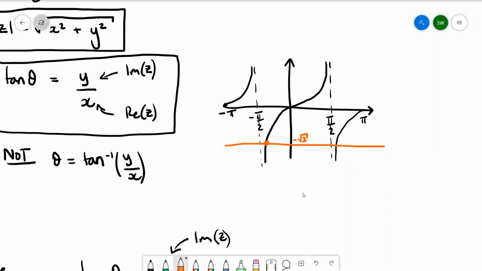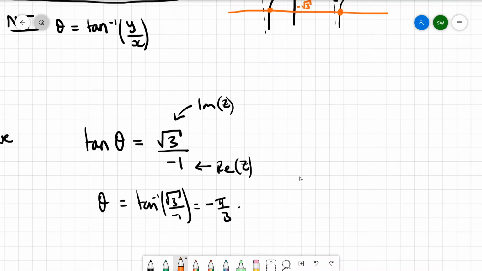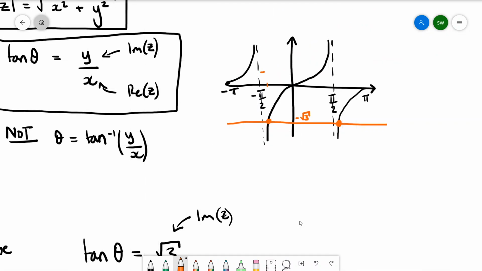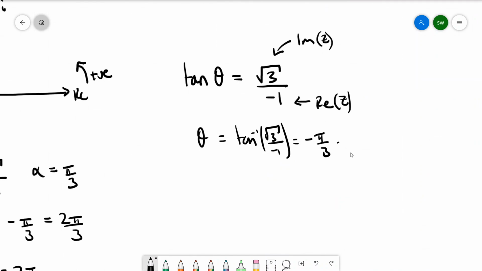Well, actually, we know that the argument of this complex number is positive, so we want this solution, which is 180 more than the solution that your calculator gives you. So you need to take the solution your calculator gave you of minus pi over 3 and add on pi to get 2 pi over 3. So here we'd have to say that arg z equals minus pi over 3 plus pi to get the answer of 2 pi over 3.